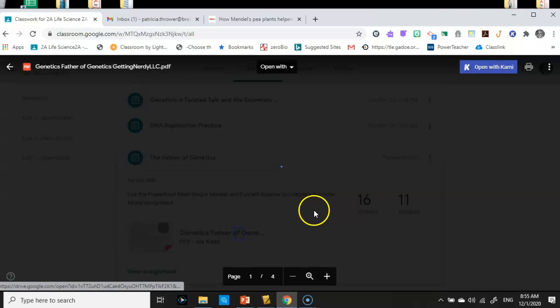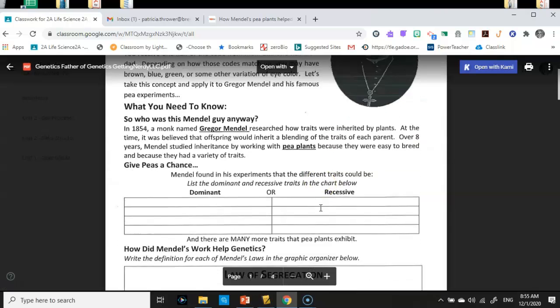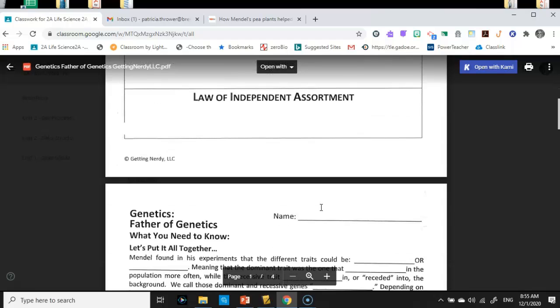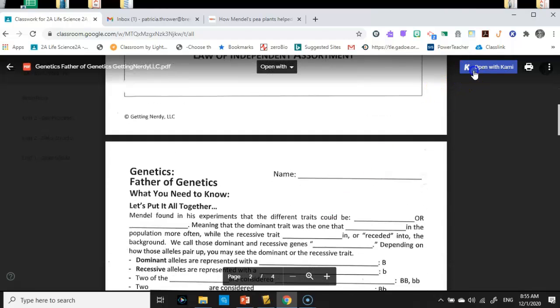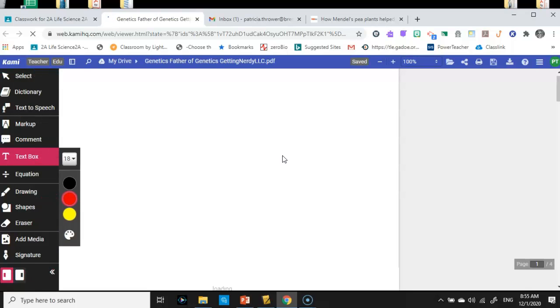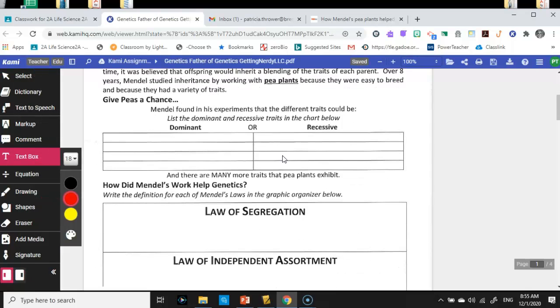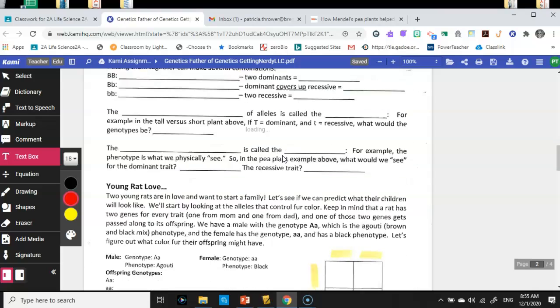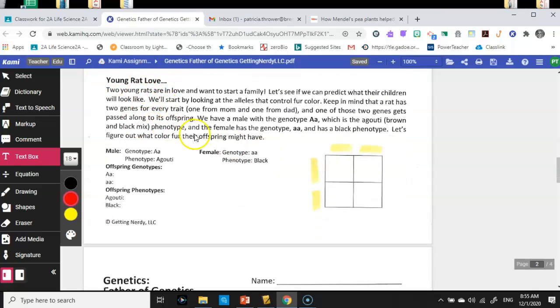Okay, so this is where you should have been putting all of your notes. So I'll open this up where I can type into it too. Okay, so we are down here to Young Rat Love.